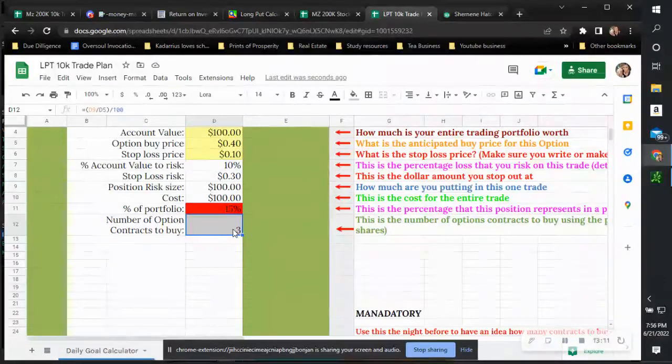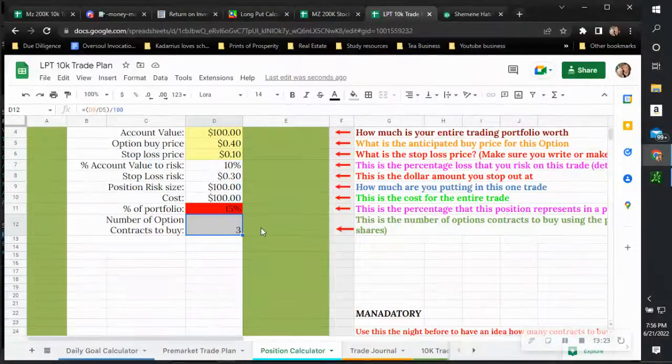I write down the number of contracts that I plan to buy. So now I know I can trade at least 3 contracts tomorrow as long as the price is around 40 cents. Now, if the price is lower than 40 cents, then maybe I can get 4 contracts tomorrow.